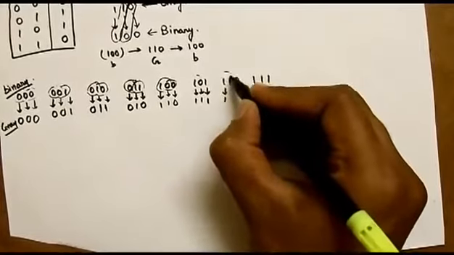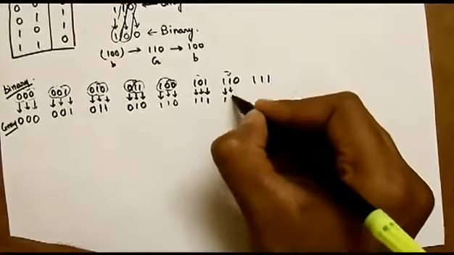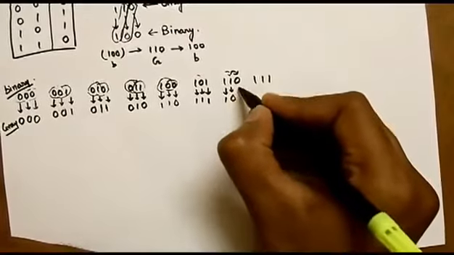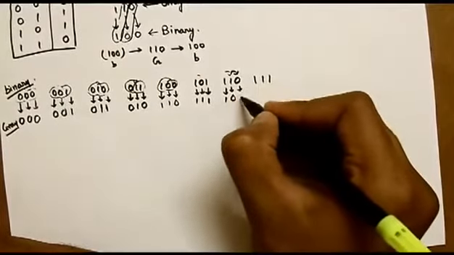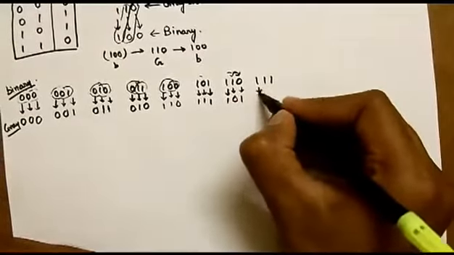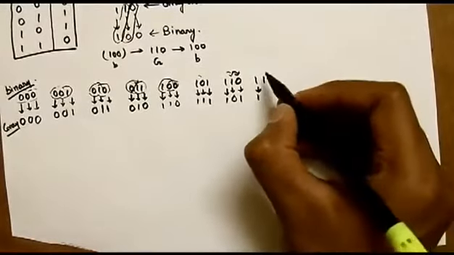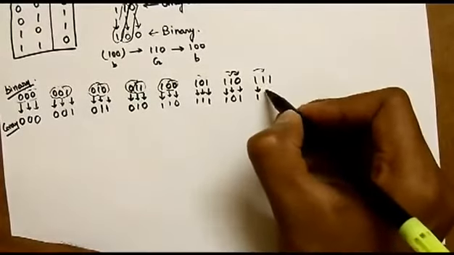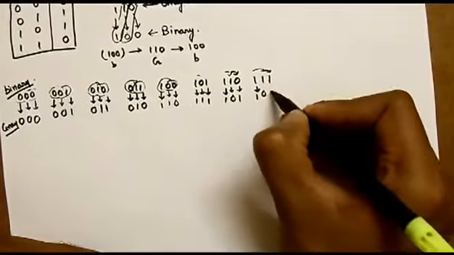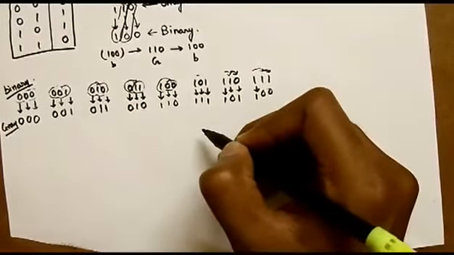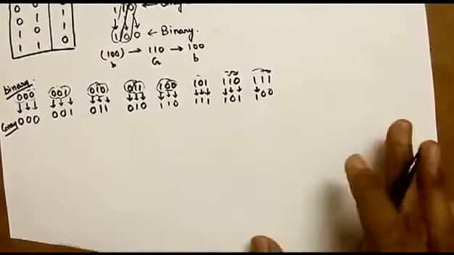MSB is always the same. 1 and 1 XOR, it is 0, 1 and 0 XOR, it is 1. MSB is always the same. 1 and 1 XOR, it is 0, again 1 and 1 XOR, it is 0. So guys, that is the equivalent gray code.